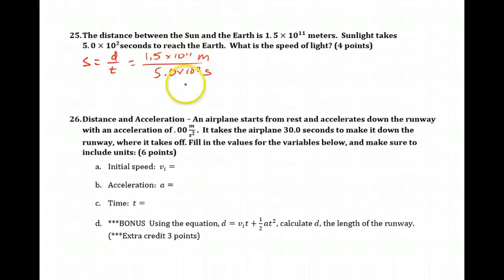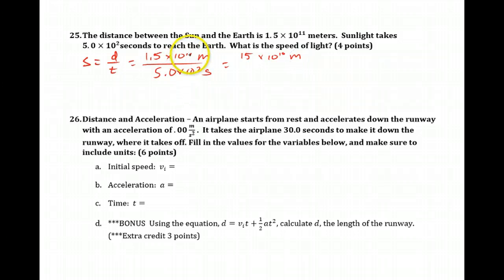To divide the scientific notation, you can use your calculator. That's perfectly acceptable. If you want to do it by hand, I would recommend changing this into 15 times 10 to the 10th meters.